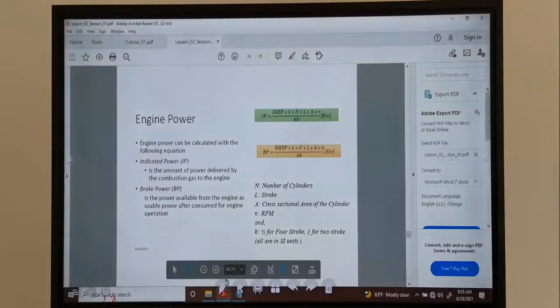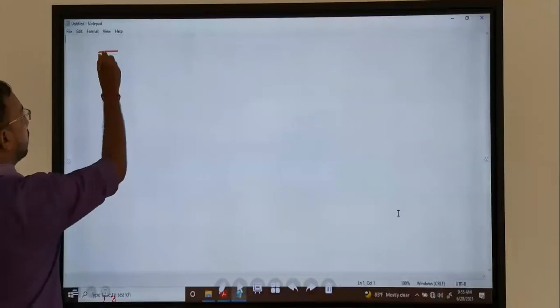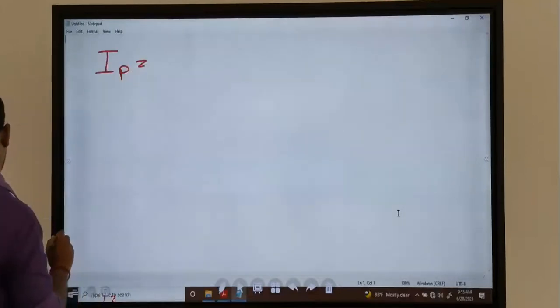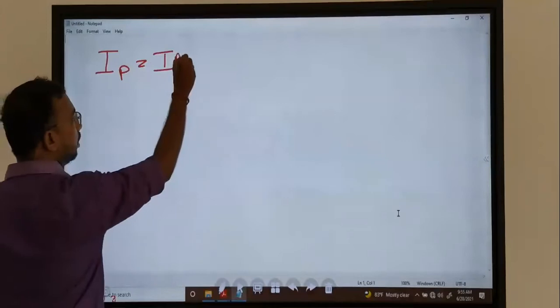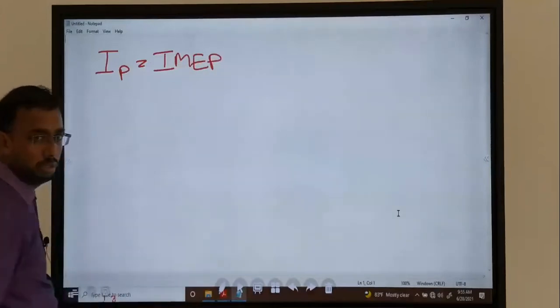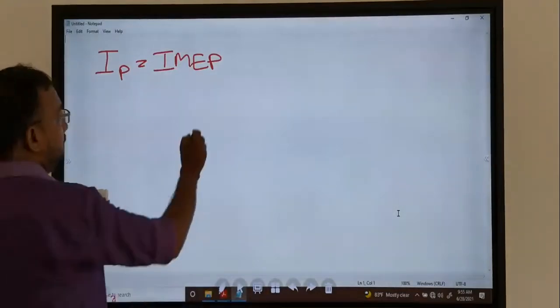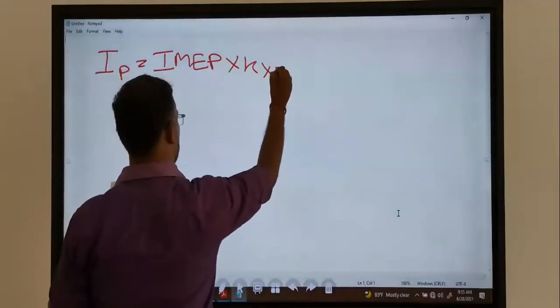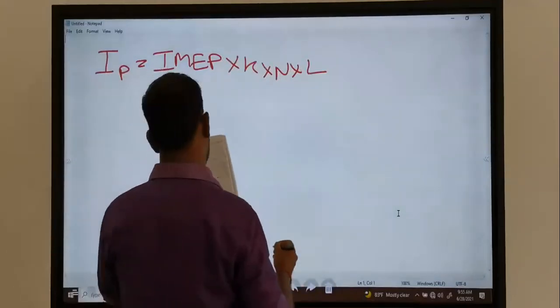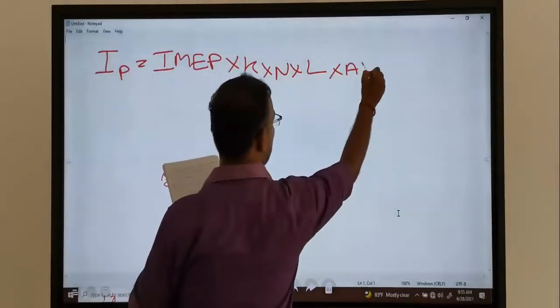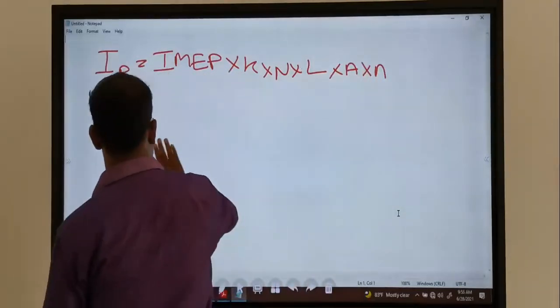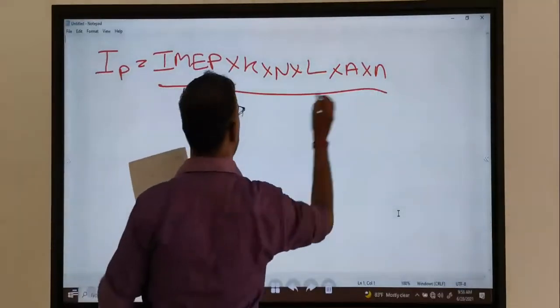So here we use the second equation. Indicated power equals IMEP into K into N into L into A into N over 60.